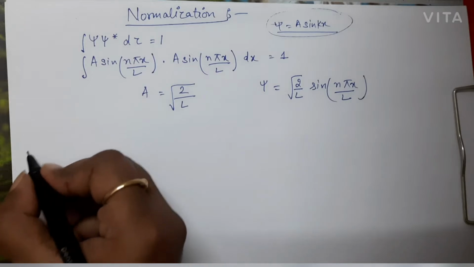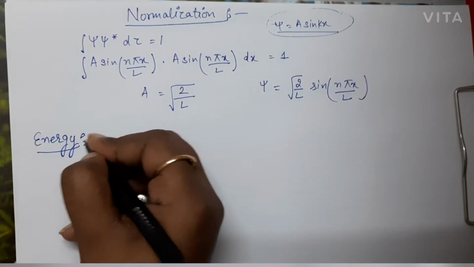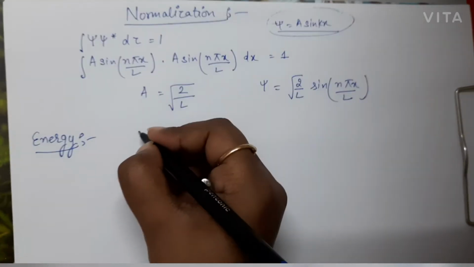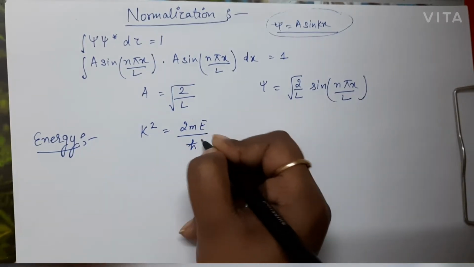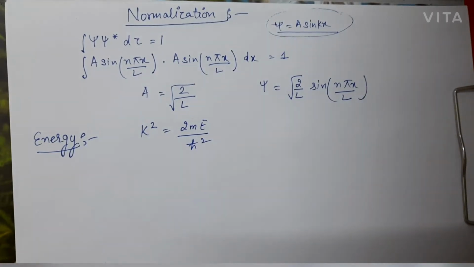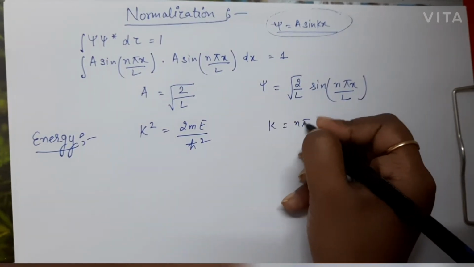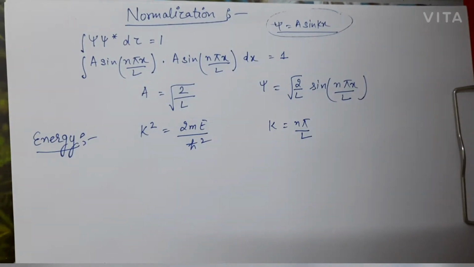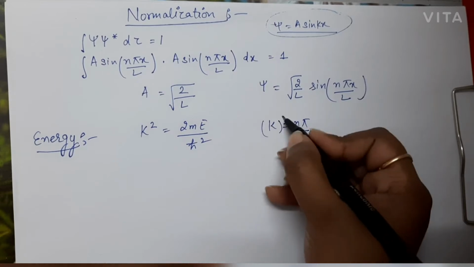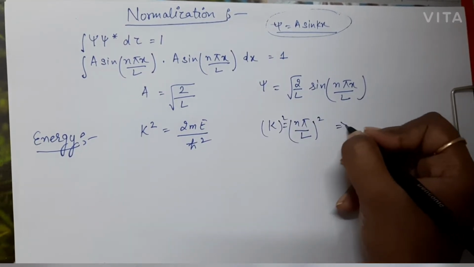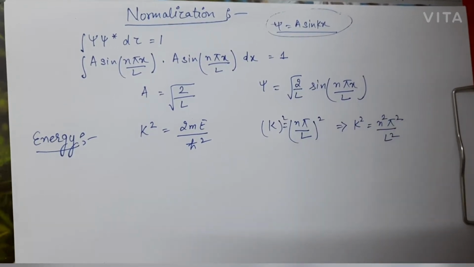Now if we want to find out the energy at various levels, how are we going to do that? We have discussed a formula, k square equals 2mE by h cross square. Also we know that k equals n pi by L. If we square both sides, we get k square equals n square pi square by L square.